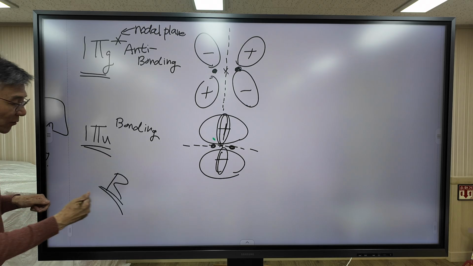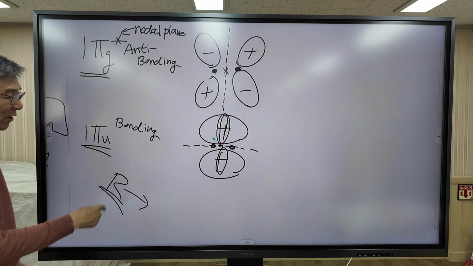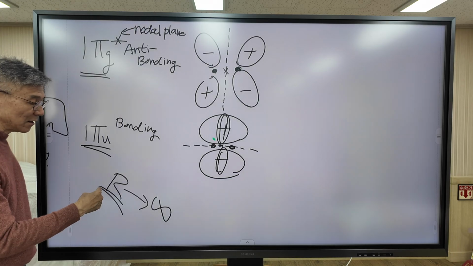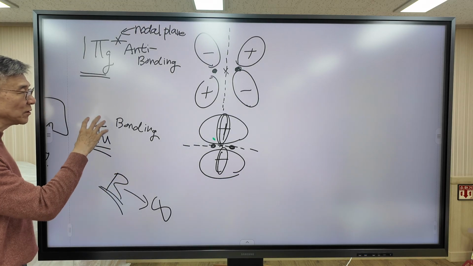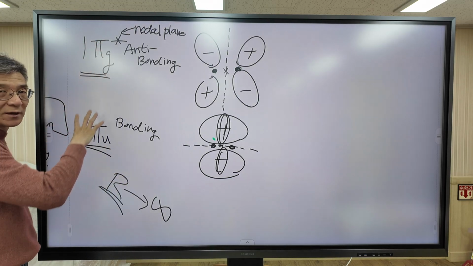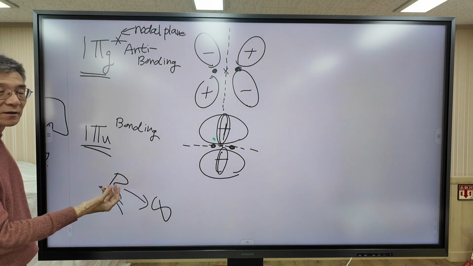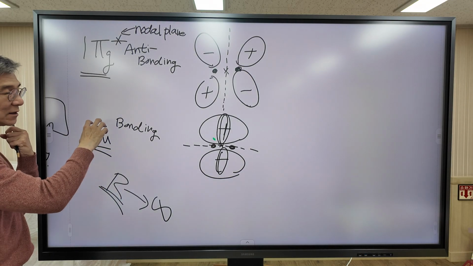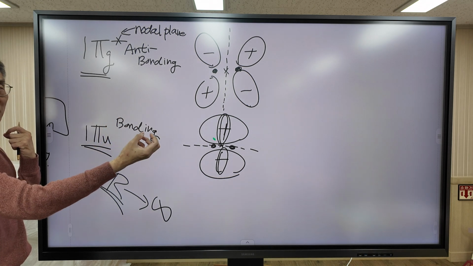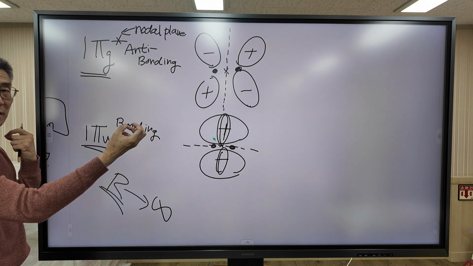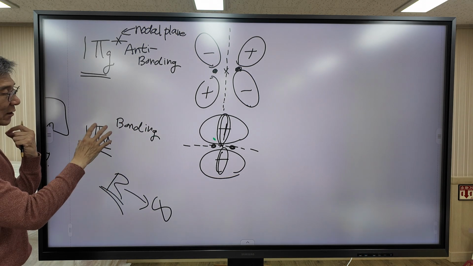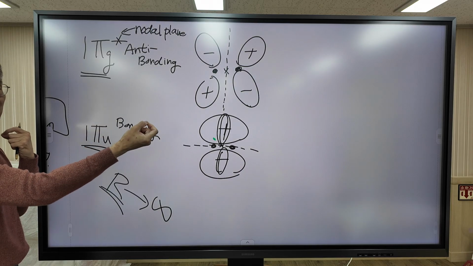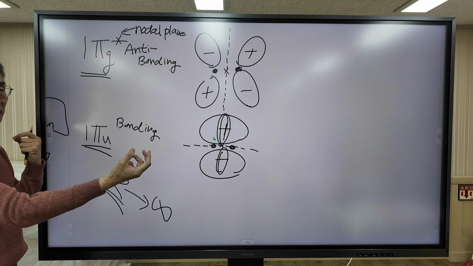Now, I'm going to let R go to infinity. When R goes to infinity, what happens to the shape of this molecular orbital? This is the question. But when R goes to infinity, actually this is not a molecule anymore. When R goes to infinity, it is just an atom. So this molecular orbital transforms to an atomic orbital when R goes to infinity.